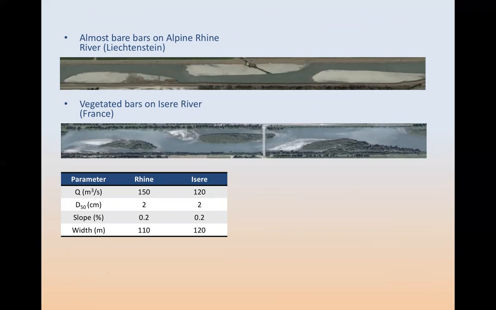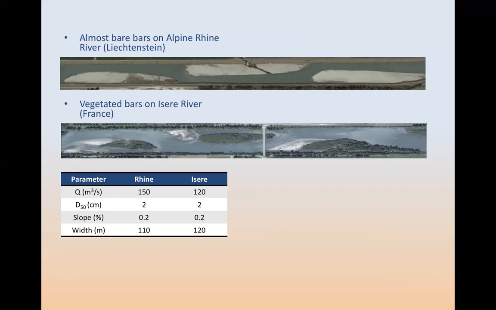Here I show two rivers which have very similar hydromorphological conditions, very similar mean discharge, the same granulometry in the sediment, the same slope, very similar width. But one is vegetated, the other one is not vegetated. Very similar climates as well.